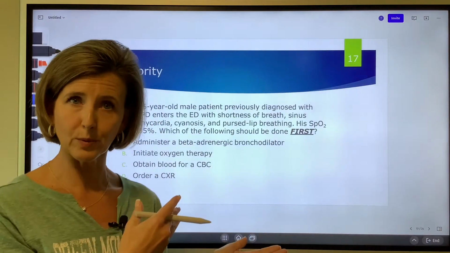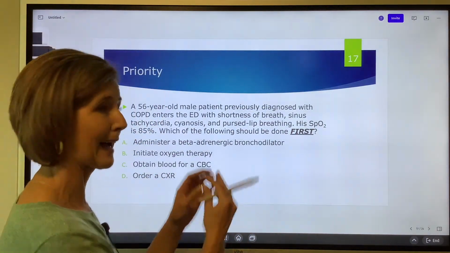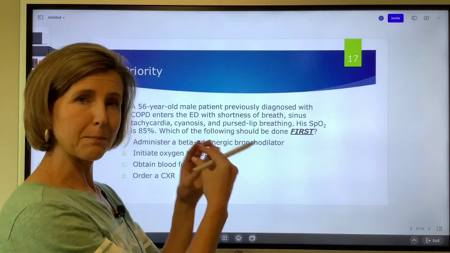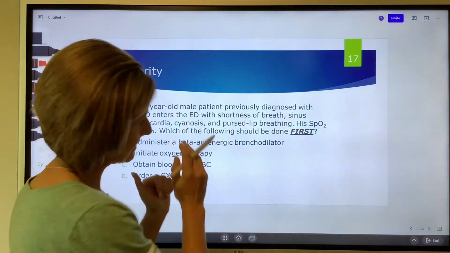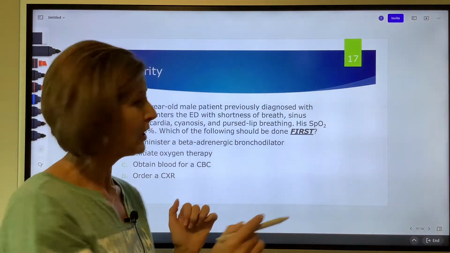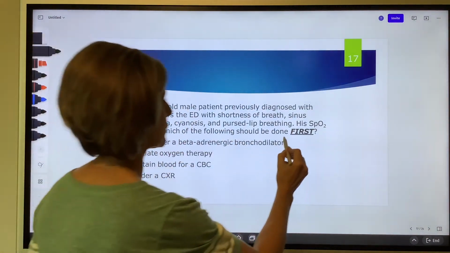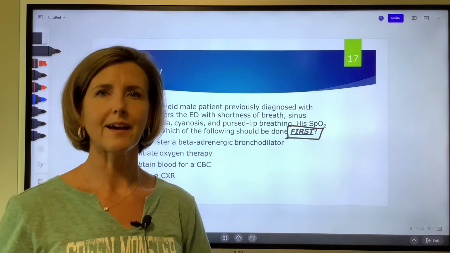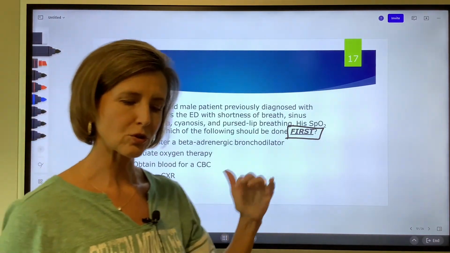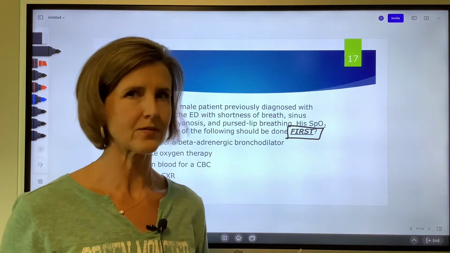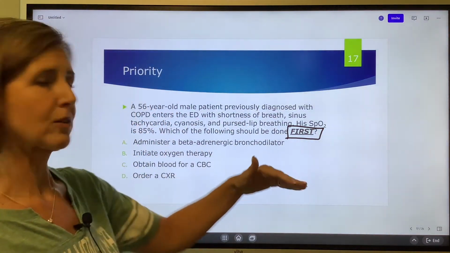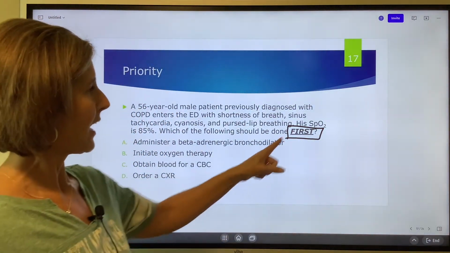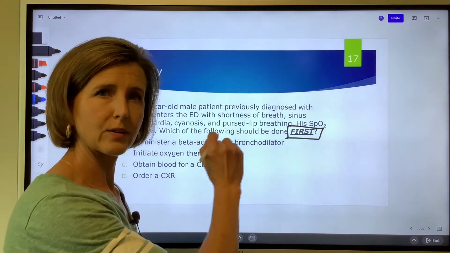I was really nice when I wrote this test question because I capitalized it, I bolded it, I put it in italics, and I underlined it. As an instructor, I start out school doing that, emphasizing that keyword. And as my students transition through the program, I don't emphasize it anymore. When I write the question now for my second-year students, I'm not going to do it like this. I'm just going to write the word first.